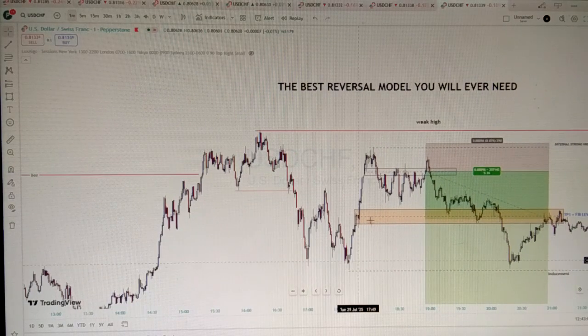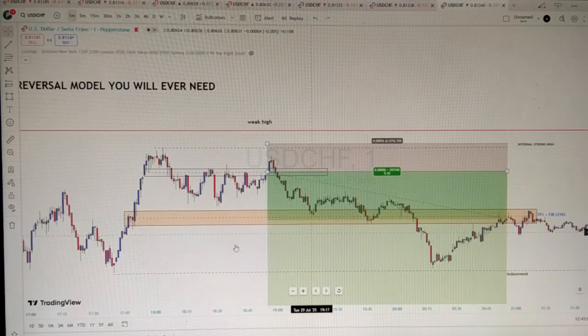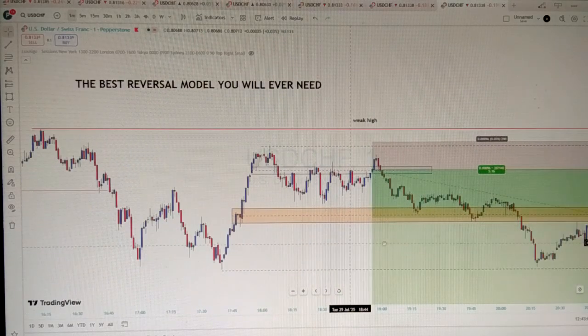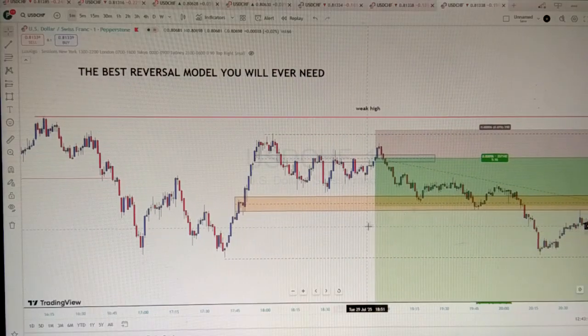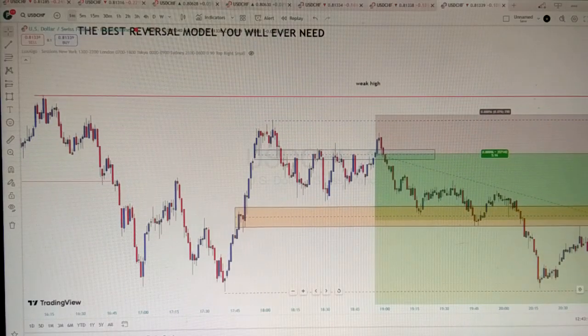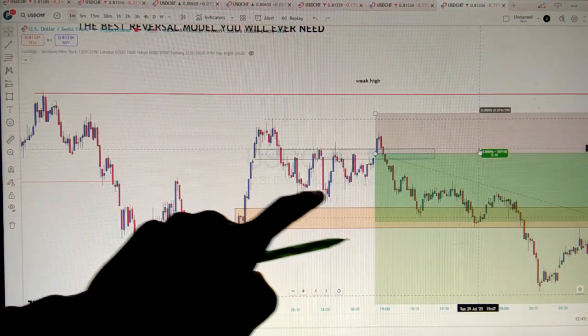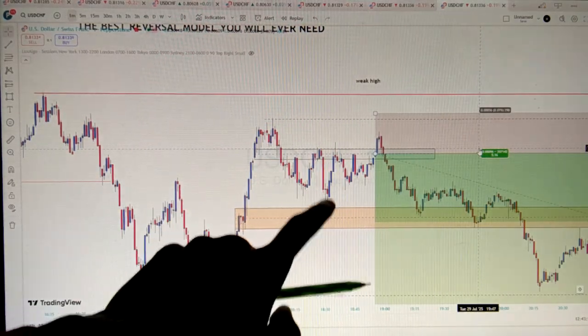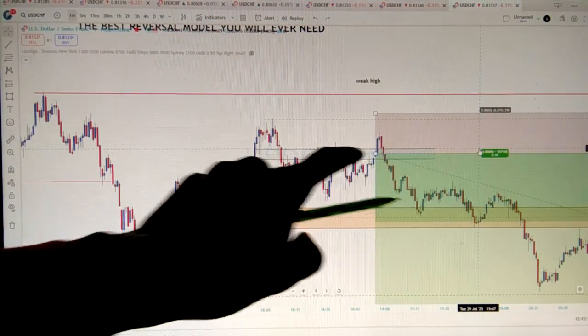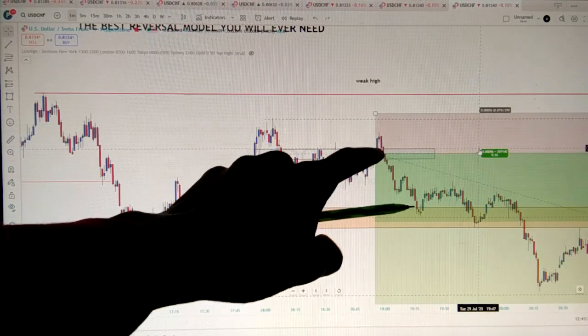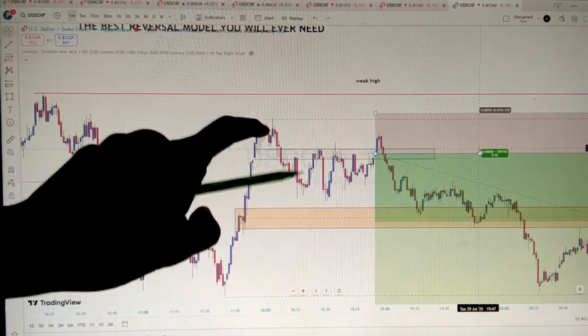So you can see on the 1 minute time frame how the market was moving. Like this, you can see another inducement here. This is a break of structure, you see, guys, but it didn't break our strong high.